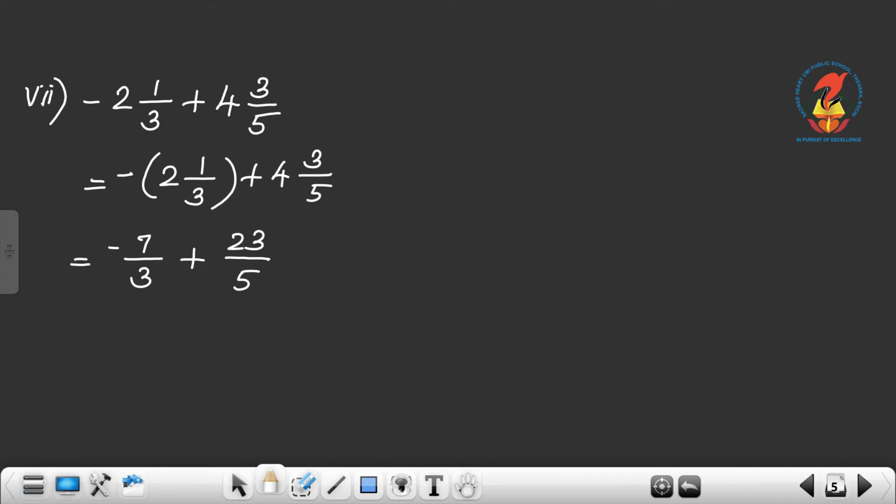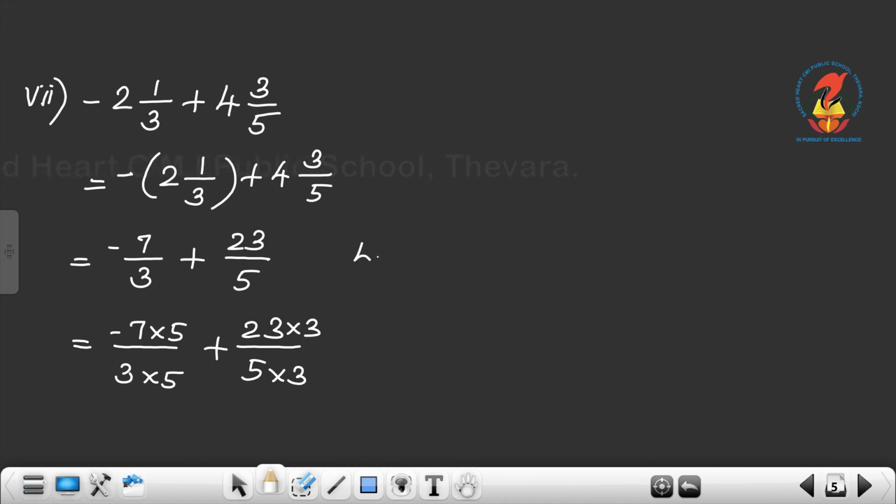Here you can see that the denominators are different, so you have to take the LCM. What is the LCM of 3 and 5? LCM of 3 and 5 is 15. Therefore negative 7 by 3 into 5 plus 23 by 5 into 3. LCM is 15.